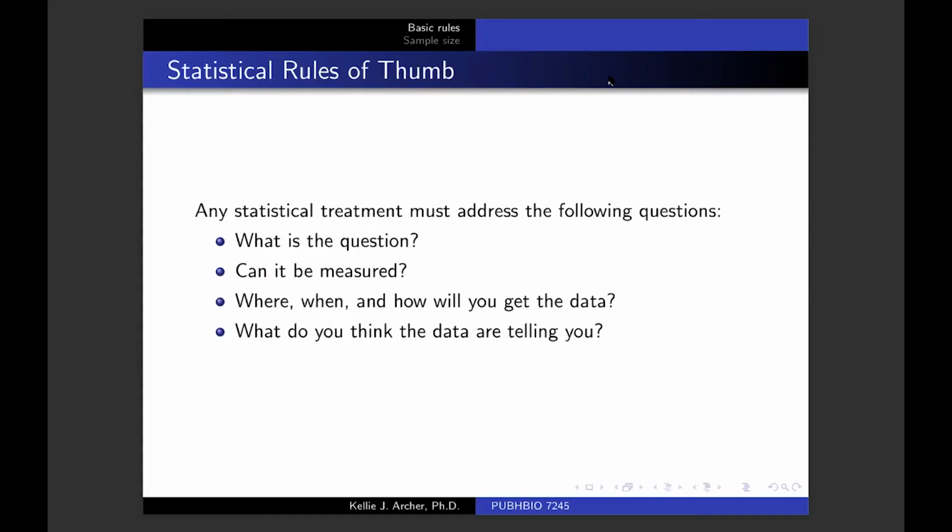How will data from these devices be downloaded or transferred to the analyst? It isn't until the last question that we focus our attention on the analysis of the resulting data. Note that when addressing what the data are telling you, you need to be aware that there is a difference between statistical significance and clinical significance.